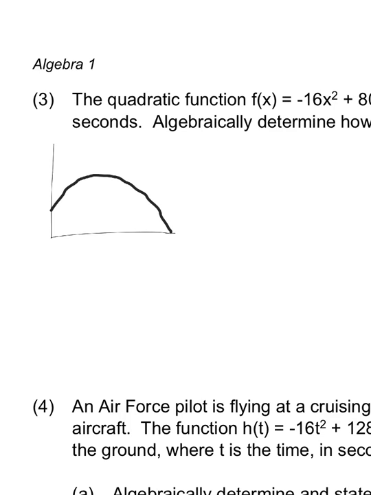In order to determine how long something is in the air, what we would want to do is determine how long it took to get from the start to the finish, because this horizontal axis is time. The reason I drew it this way is because it said volleyball.